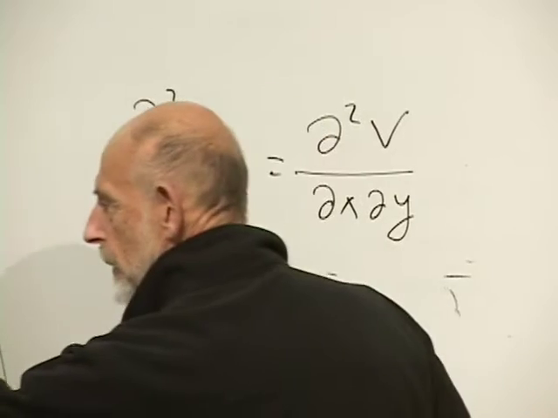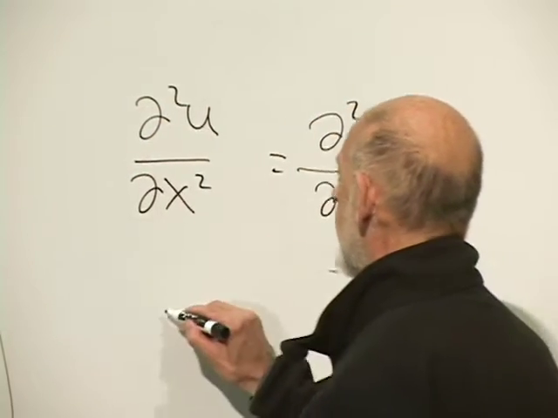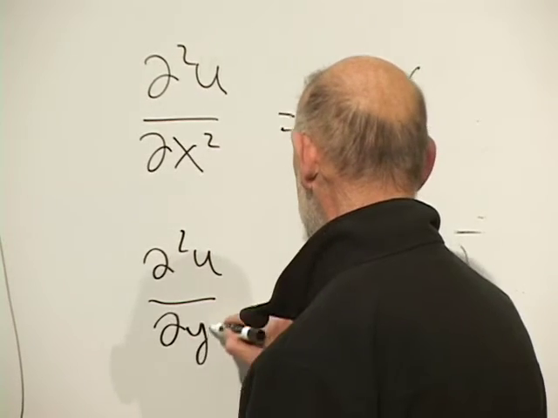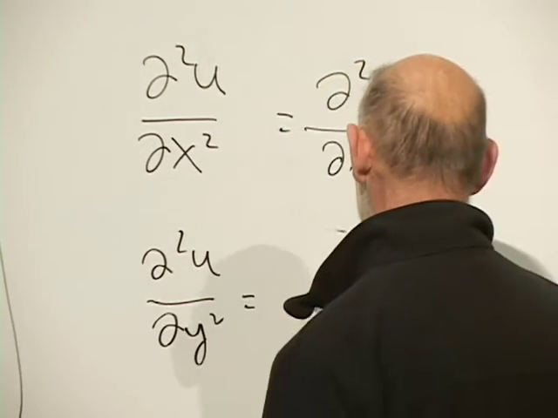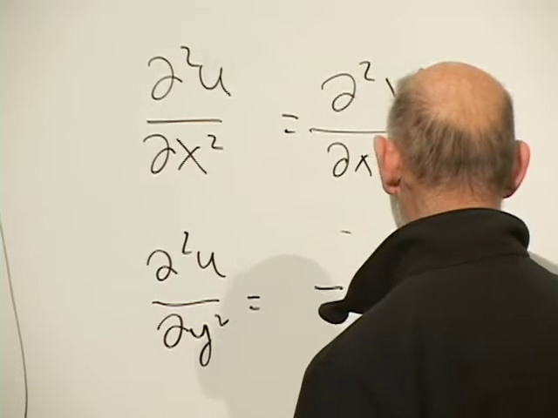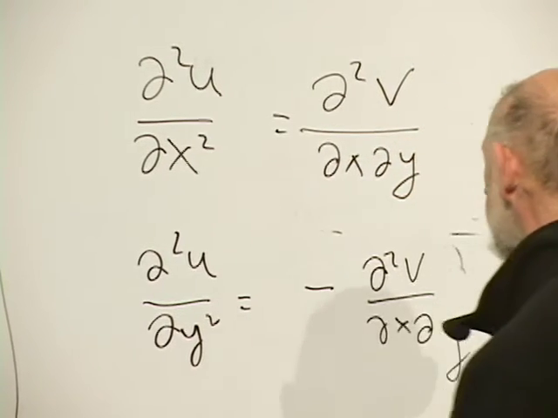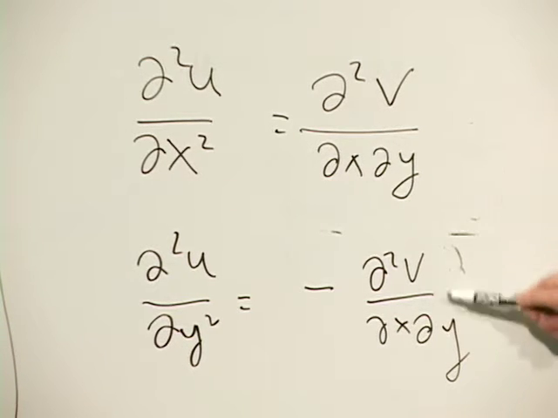Let's differentiate this one with respect to y. That's d second u by dy squared. That's equal to minus d second v by dx dy. That's the same as that, except for a minus sign, so we can eliminate it.